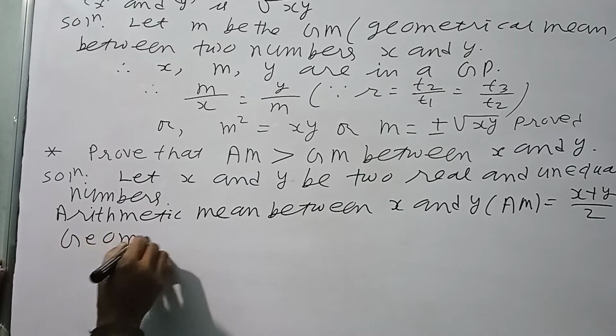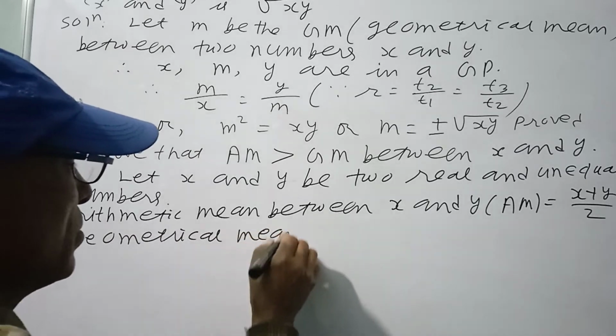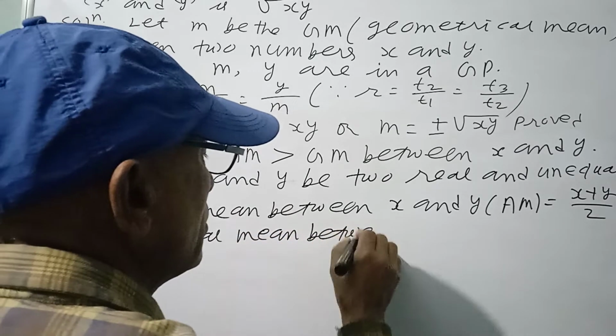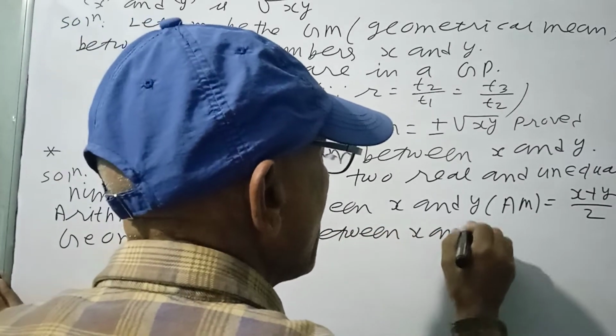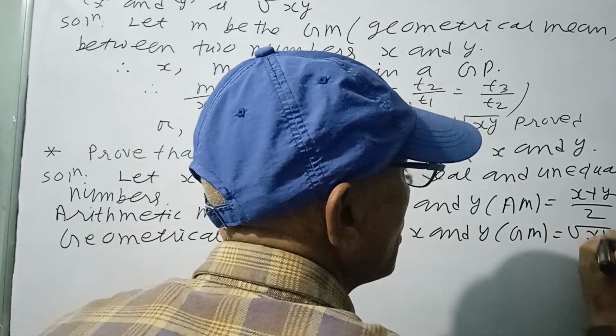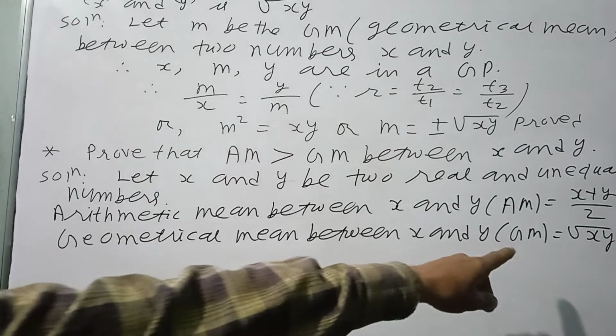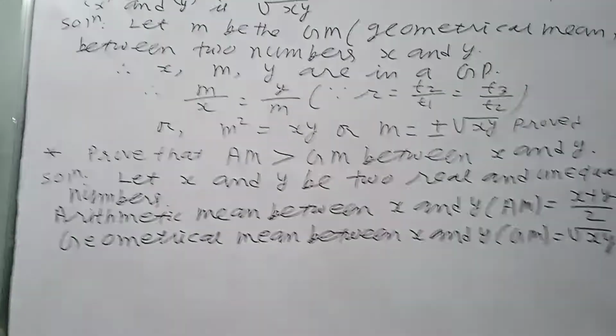The geometrical mean between x and y, GM, equals under root xy. We know it; I have already proved it.